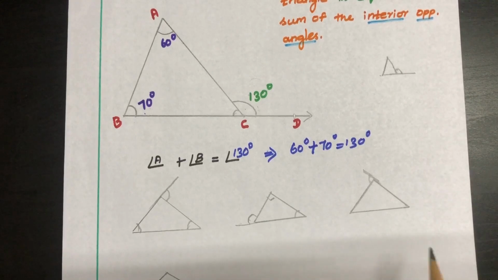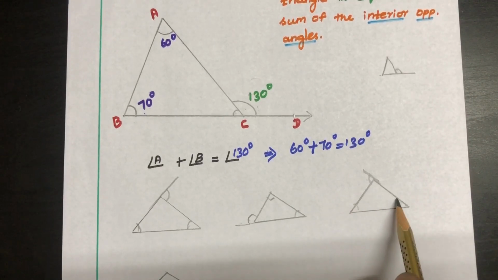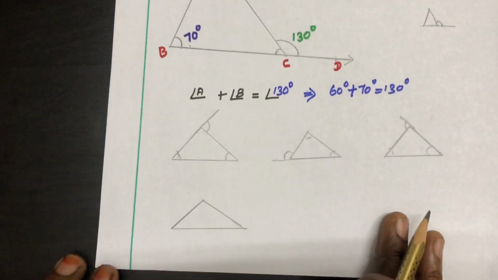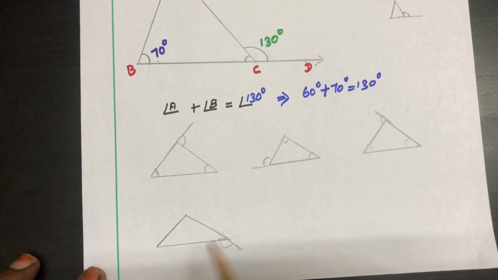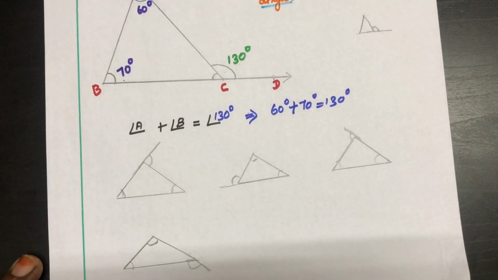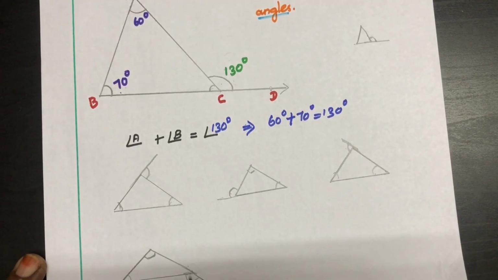This is the exterior angle for this triangle. This angle is opposite to these two angles. Similarly, we can extend like this. See here, if we extend, here an angle will form. It is opposite to these two interior angles. So this is called the exterior angle property. The exterior angle is always equal to the sum of the interior opposite angles.